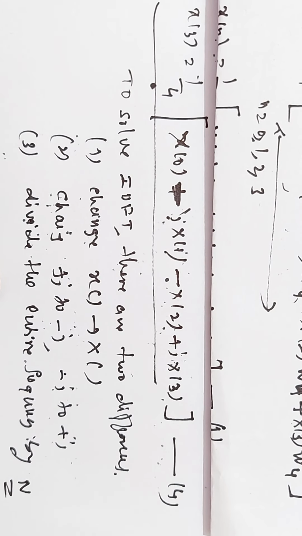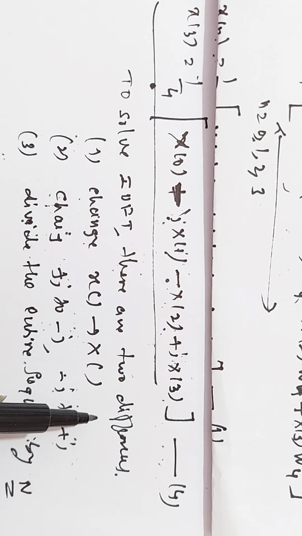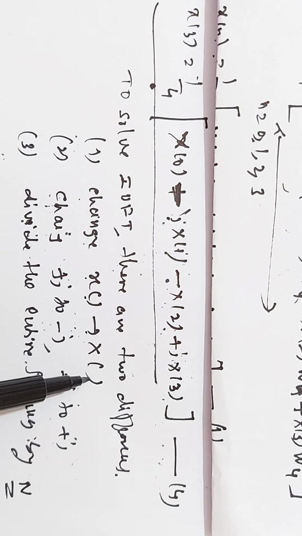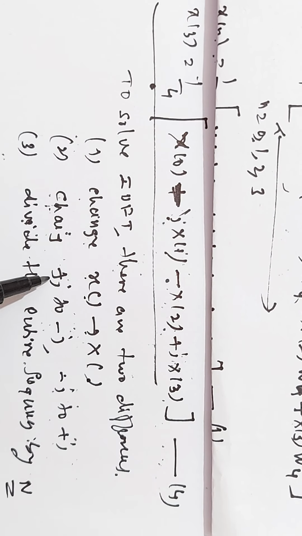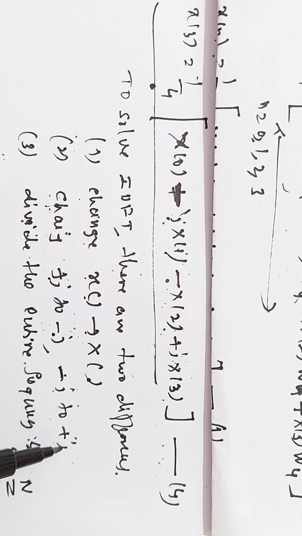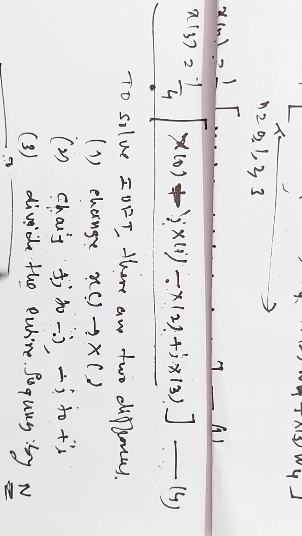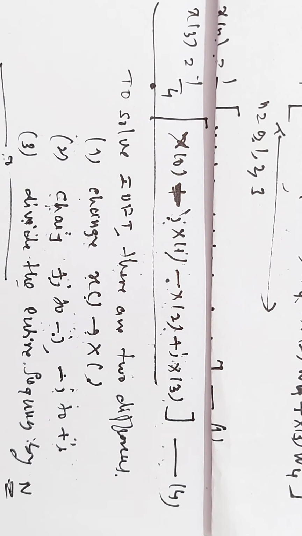So in order to calculate the 4-point IDFT, the only differences are: change small x to capital X, change plus j to minus j and minus j to plus j, and divide the entire samples by the number of points N. For 4-point, divide the entire by 4. For 8-point, divide the entire by 8, like that. This is how we have to solve the 4-point DFT and IDFT.